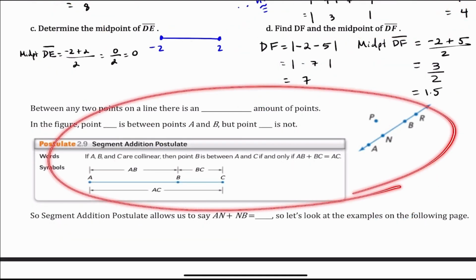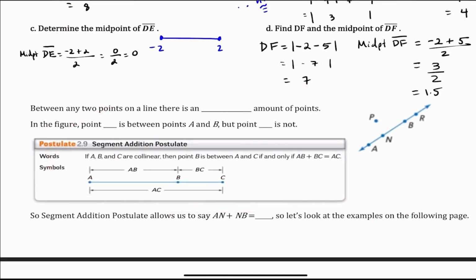Now over here, we're just going to go ahead and clarify some stuff. Between any 2 points on a line, there is an infinite amount of points. And that makes sense because, okay, suppose that you have N and B. How many points are there between those two endpoints?